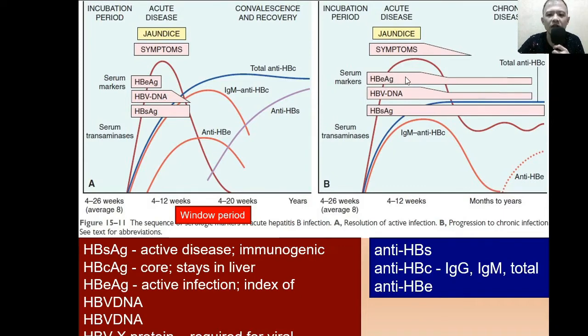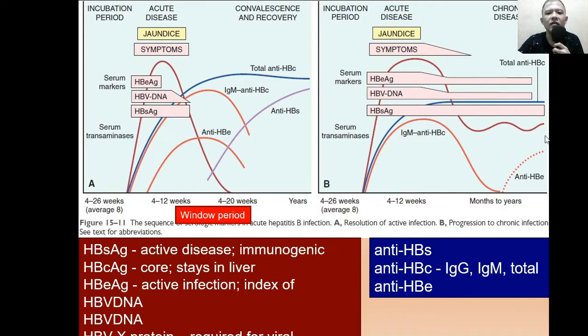At the same time, since the virus is persistent, you also have persistence of transaminases or the SGPT. For the antibodies, you don't see any antibodies for the surface antigen because of the persistence of the surface antigen.